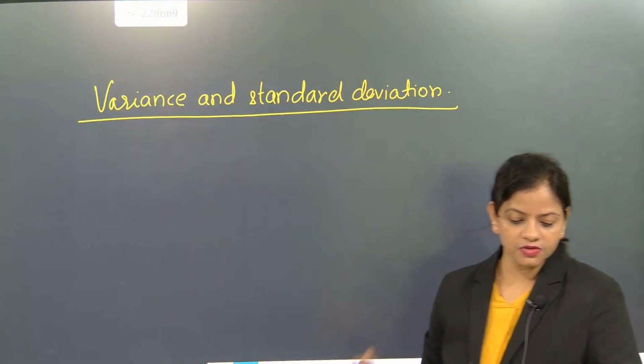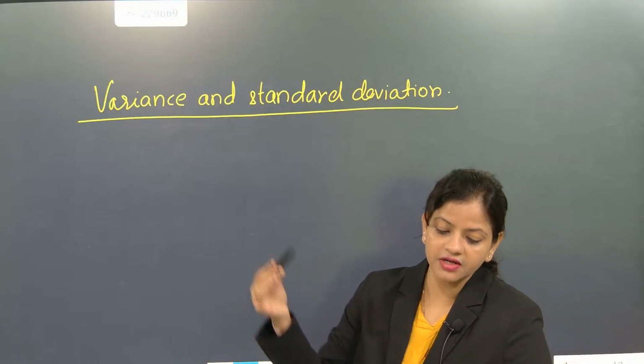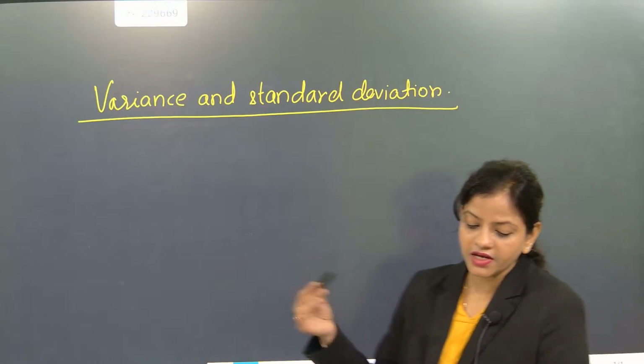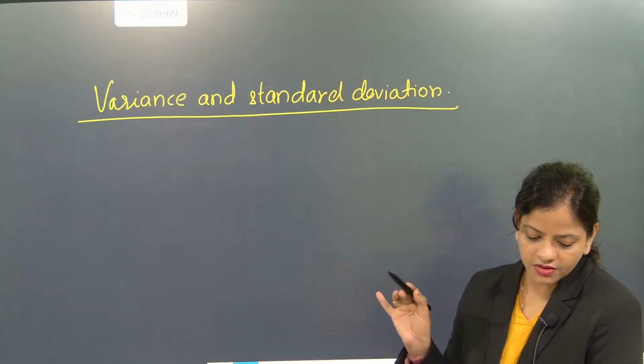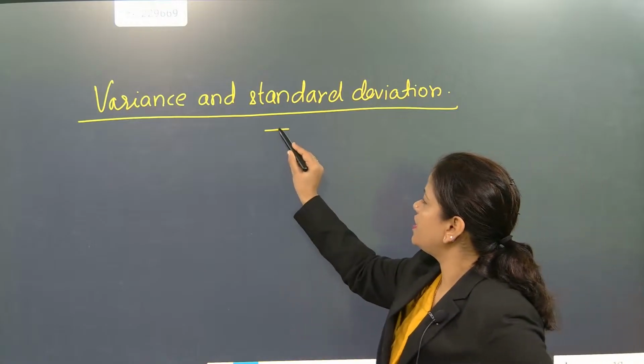Now look here. When you will be solving this part of questions, what is variance and what is standard deviation? Variance is what? The variance of a variate x. So x we are going to take as a variate.